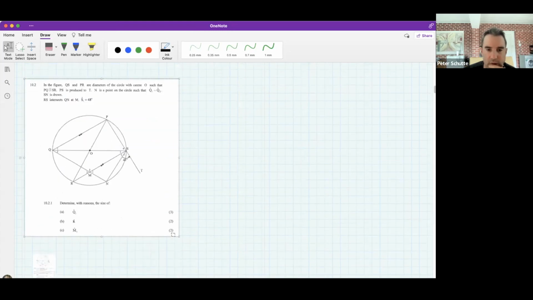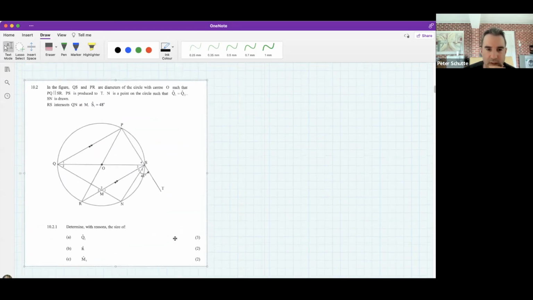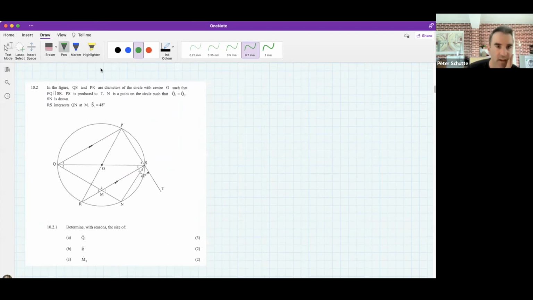Okay, so next question. I want to take a bit longer to introduce ourselves in this one. So what it says: QS and PR are diameters of the circle with center O. So that's something useful. PQ is parallel to SR. This is produced and N is a point on the circle such that Q1 equals Q2.